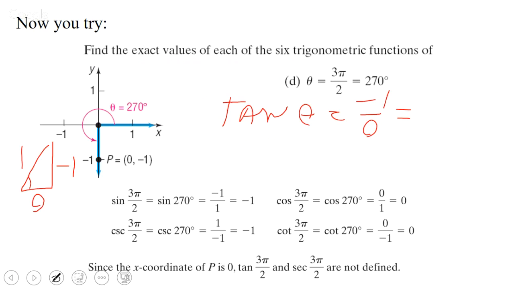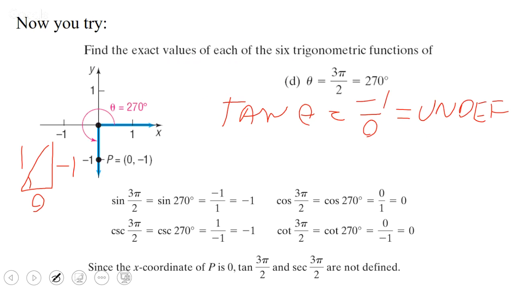I have 0 in the denominator, so that's undefined. The reciprocal of sine is cosecant, so 1 over -1 is still -1.